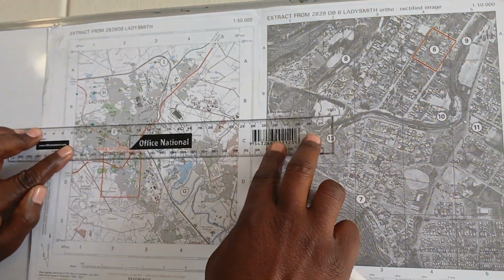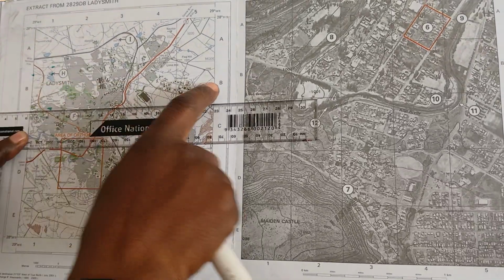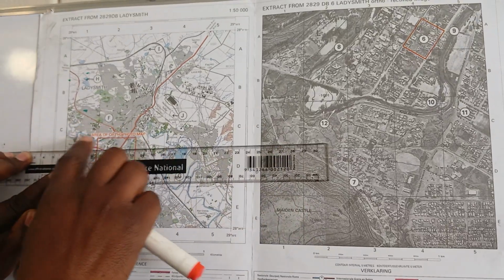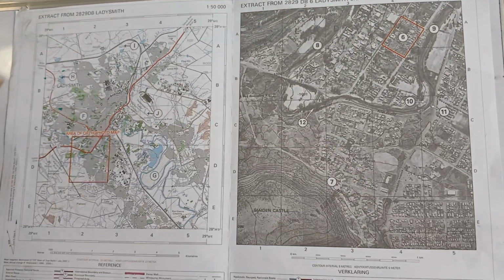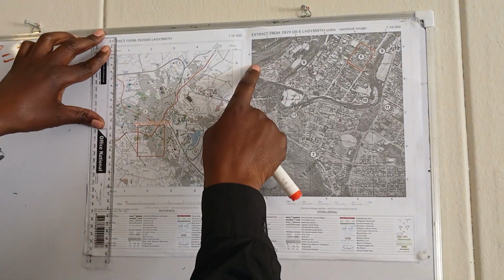If I go to the next one, this is 32, this is 33, anything on this is 32, then I go to 33, which means 34, anything on this is 33, so it increases going towards the south. Same applies with my longitude, it's increasing going towards the east.